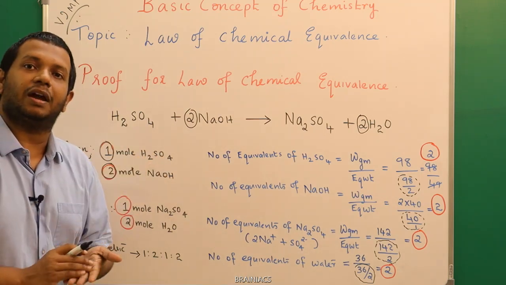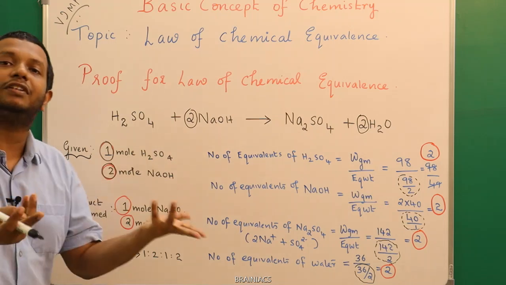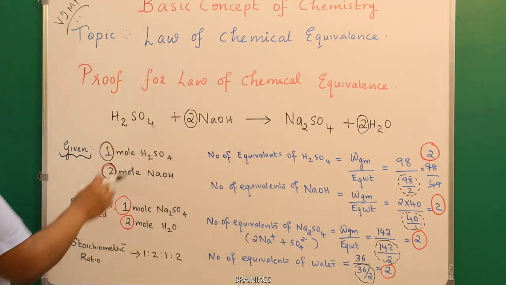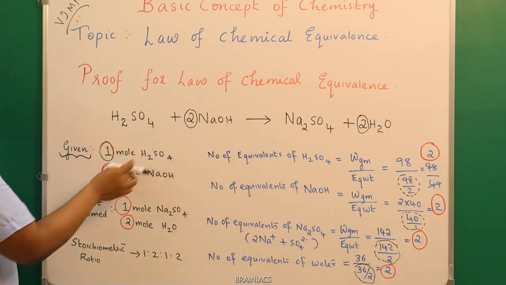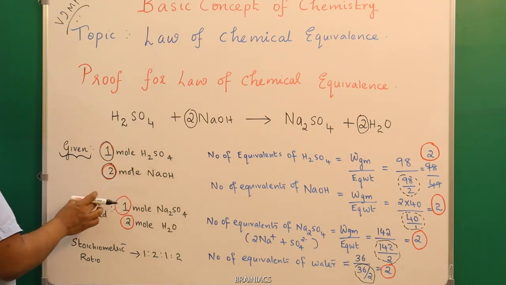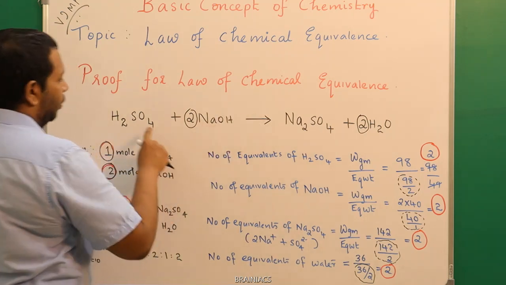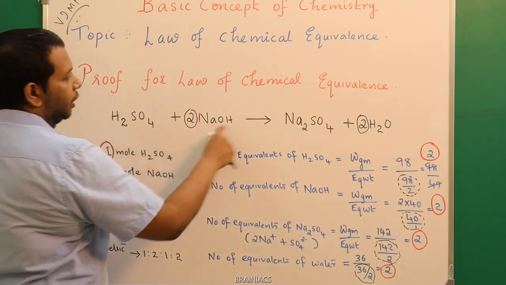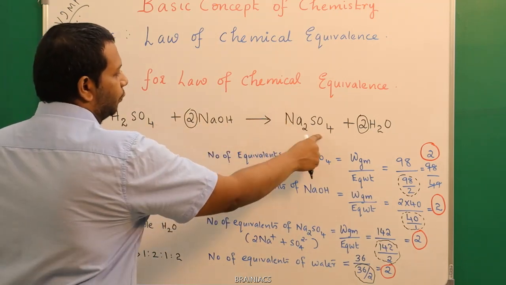So here you can see the number of moles given itself is varying. And please listen, for this 1 mole of H2SO4 and 2 moles of NaOH, the product formed is 1 mole of Na2SO4.